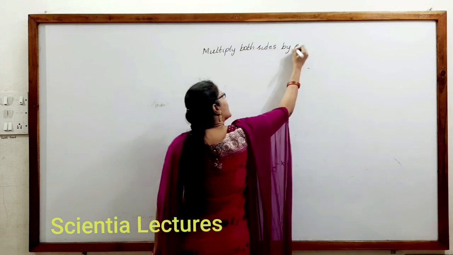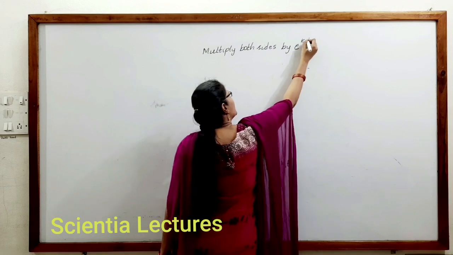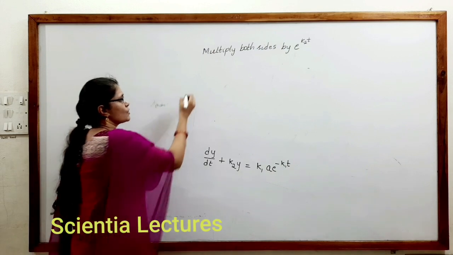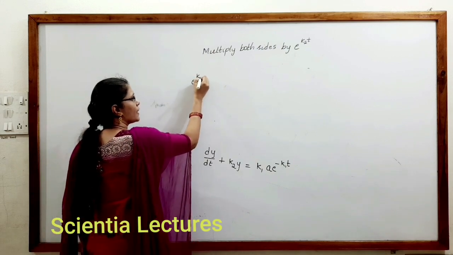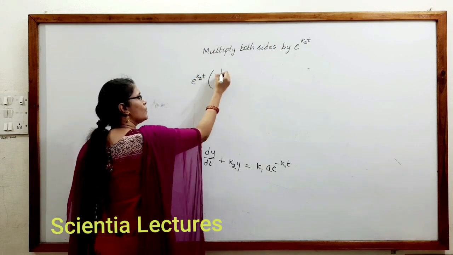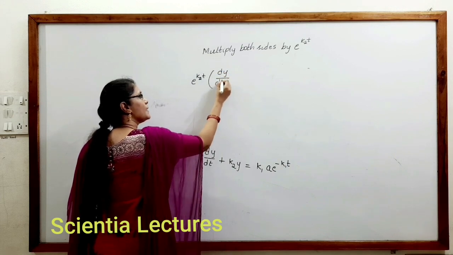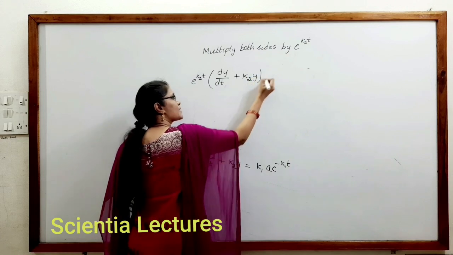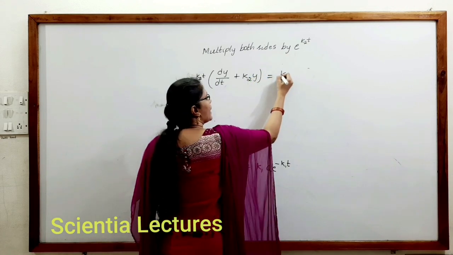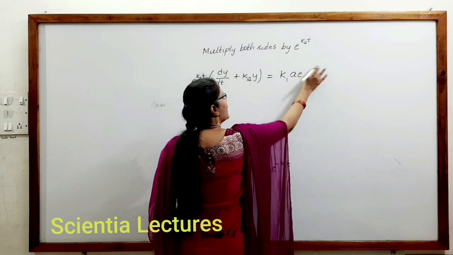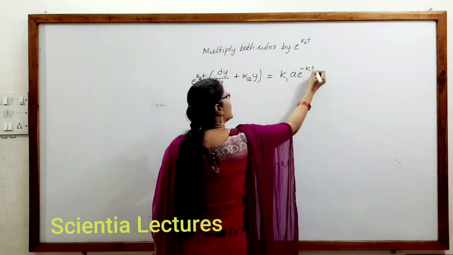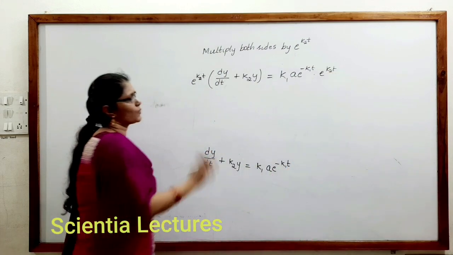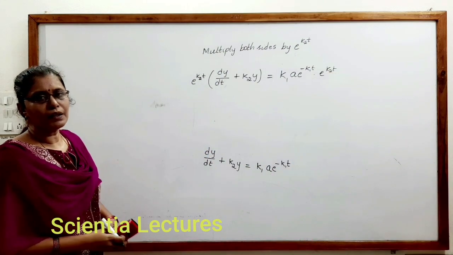So what we will be getting here is e power K2t into dy by dt plus K2y must be equal to K1 a e power minus K1t into e power K2t, since both sides have been multiplied by e power K2t.